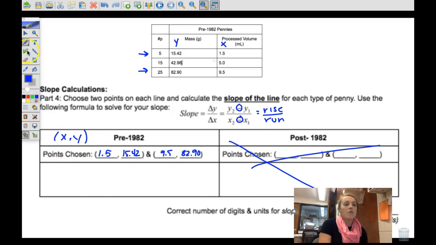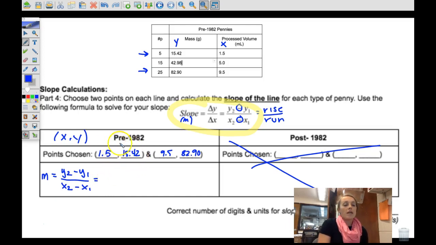So with my equation for slope, which is given to me right here, slope is also known as m. So the slope of a line m is equal to my second y-coordinate minus my first y-coordinate over my second x-coordinate minus my first x-coordinate.